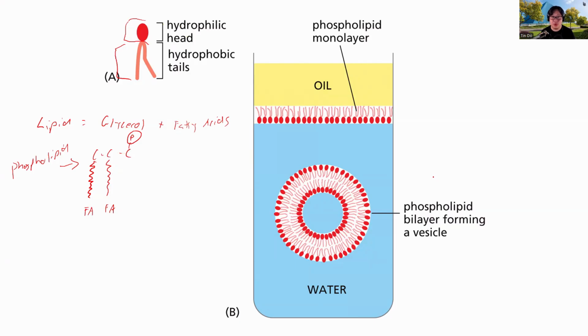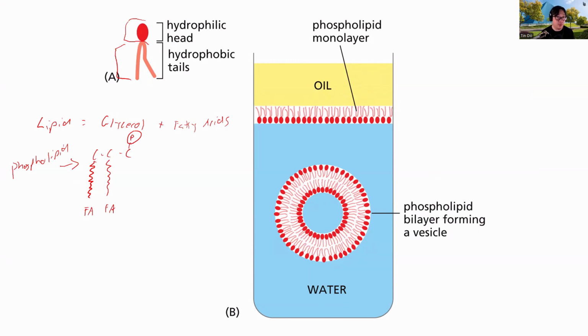Hydrophilic due to its polarity, the chemical makeup. Your hydrocarbons right here, your fatty acid tails, are all carbons to hydrogen. Doesn't have any huge polarity differences between the carbon and the hydrogen atom.